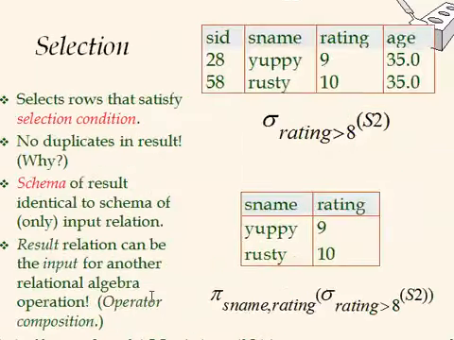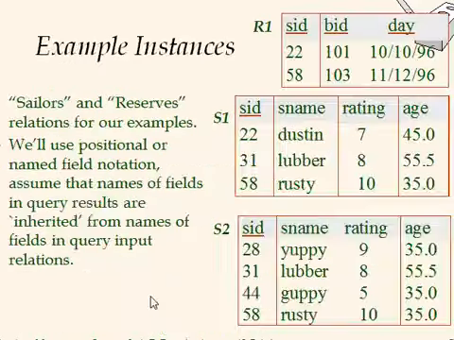For example, in these examples R1 and S1, if we do the join where SID is the same as SID, that will be a natural join. Why? Because it's an equal, and the spelling of the attribute here and the spelling of the attribute here is the same. If the spelling were different, we just call that an equal join. If we're doing any other type of condition, that's the one that we call theta join.